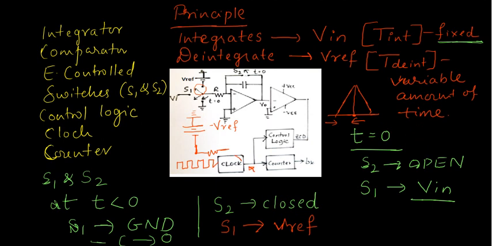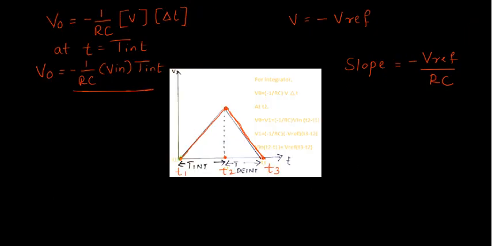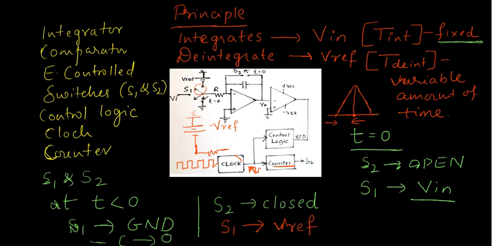Now how long your clock pulses are being counted by the counter depends upon the value of TDEINT. So more number of clock pulses will be counted for the larger value of TDEINT. Less number of clock pulses will be counted for the smaller value of TDEINT. Accordingly, you will be able to generate the digital output equivalent to the analog input signal which is given here.